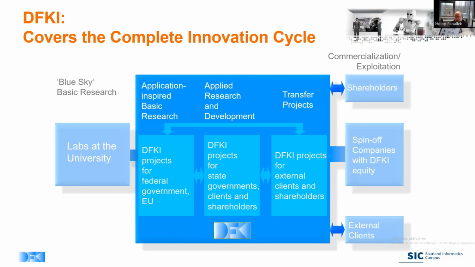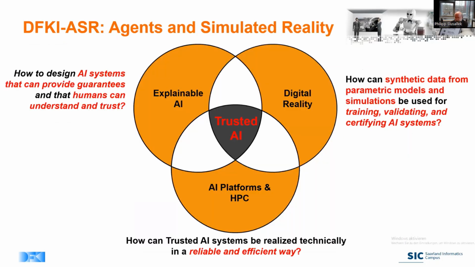So the basic research, not because no one has done this yet and we can publish a nice paper, but because we need to do it in order to actually do the application research and then transfer the results to companies, to our shareholders, and spin-offs in particular, right? And we work very closely with the Max Planck Institutes, for example, here on campus, with the universities at our main sites, and many other partners in all the different areas.